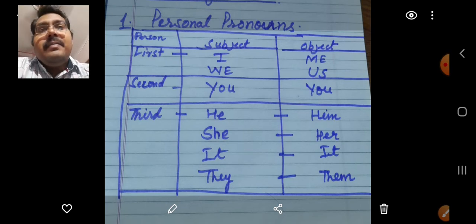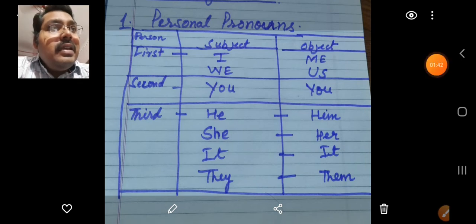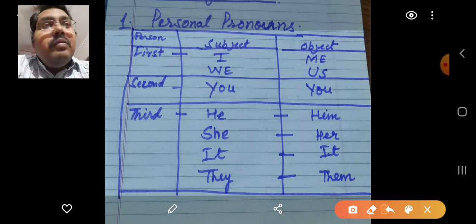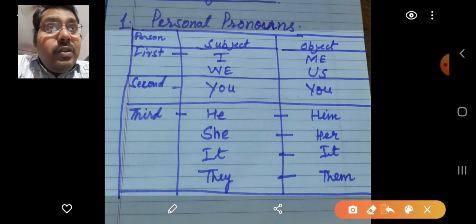These are the subjects. When we replace any noun, and that noun is in the sentence as a subject, then we use one of these subjects. You need to keep in mind, this is very essential to know what the pronouns are doing. Pronouns are replacing nouns, and I told you a sentence consists of two major parts: subject and predicate.